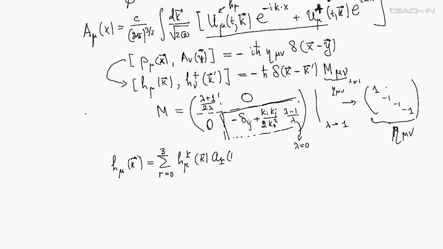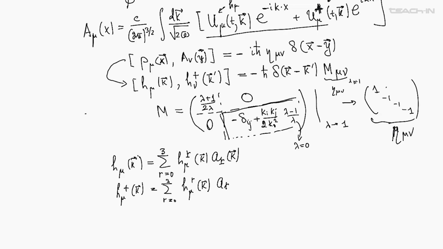Now I have 4 annihilation operators for all the photons, transverse, longitudinal, and time-like. So 4 oscillators A_R, and analogously, I introduce H mu dagger of k as the sum over R from 0 to 3, H mu R of k, A_R dagger of k, like this.